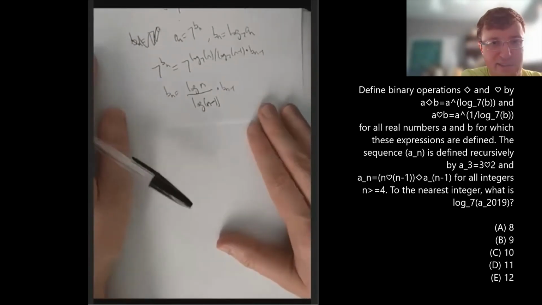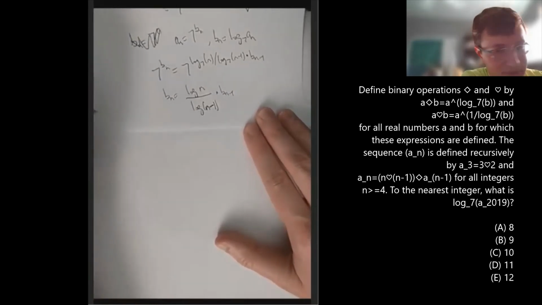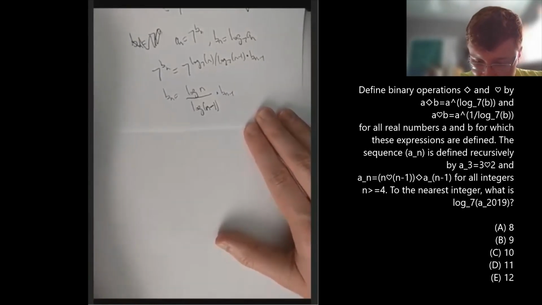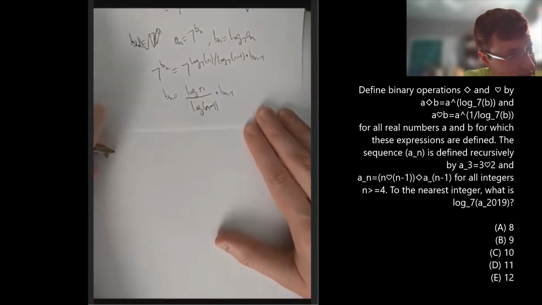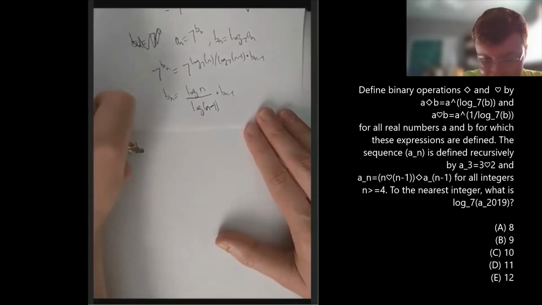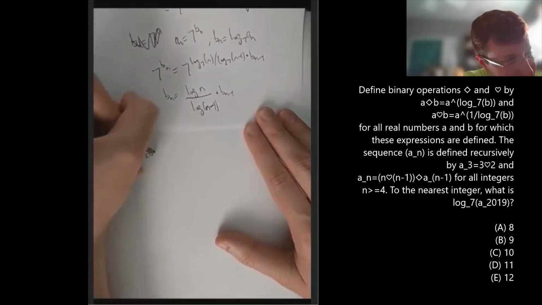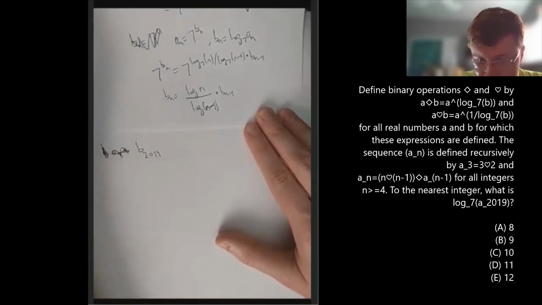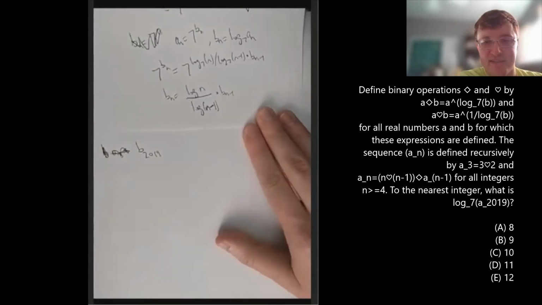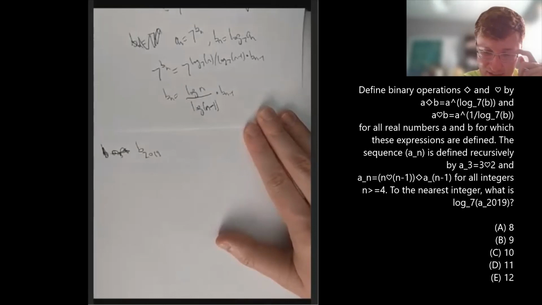Now I can write out B3. So B3, well, okay, A3 is, how should I do this? Okay, I want B_2019 because it's log base 7 of A_2019, which is exactly what I'm looking for.